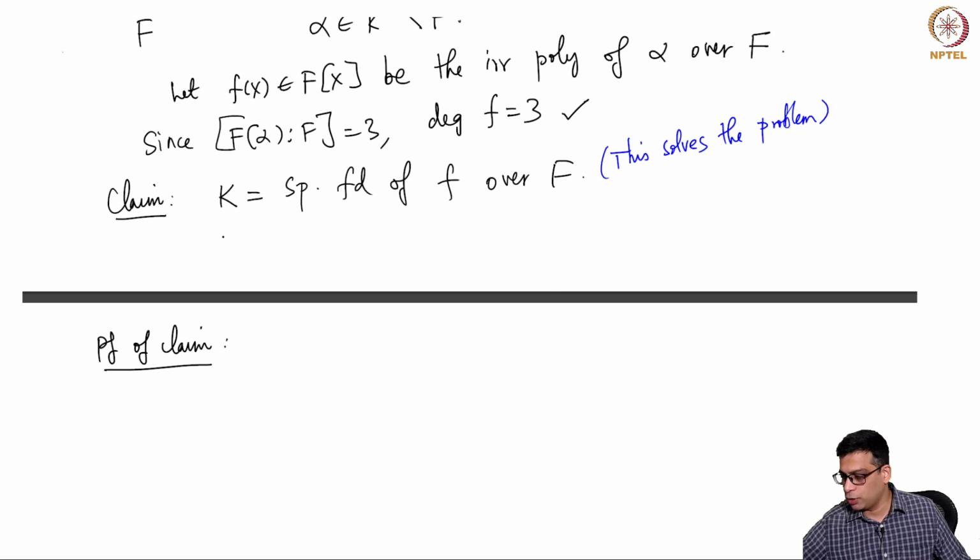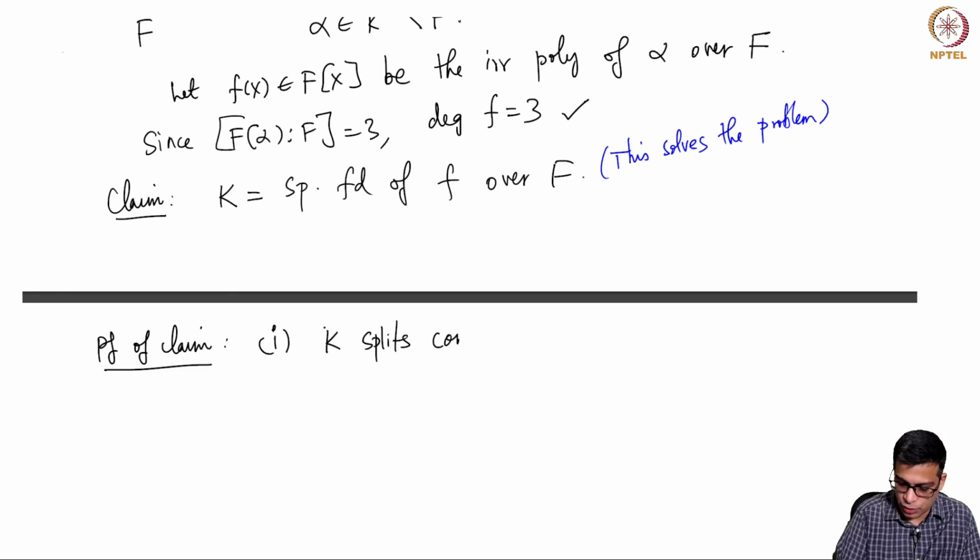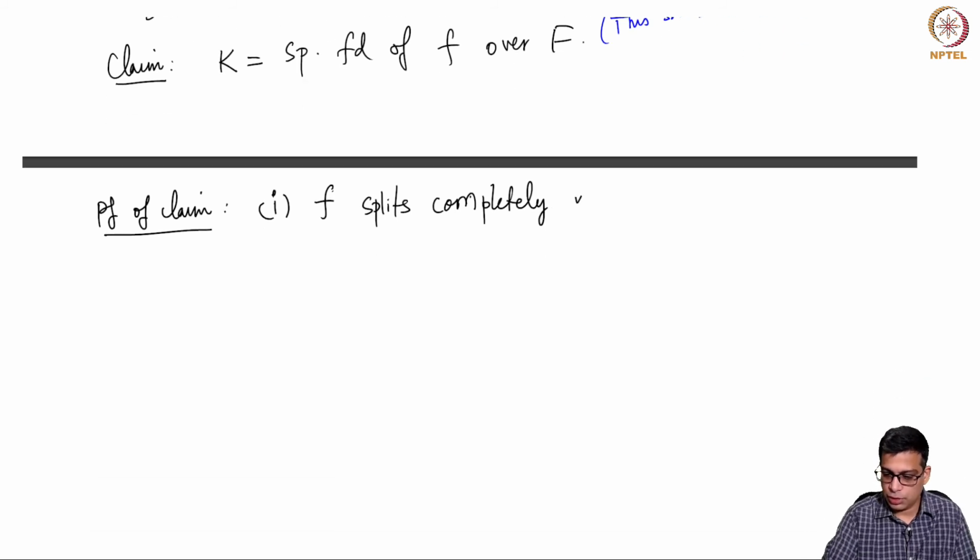So the first point to note is that f splits completely in K[x]. Why is this?